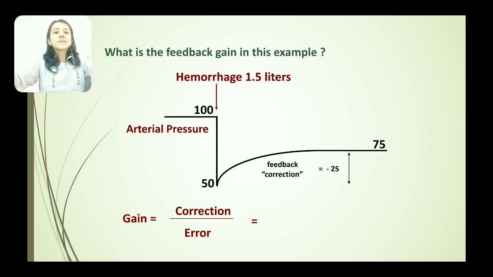So you can see here, correction by the baroreceptor mechanism is minus 25. Instead of 50, the pressure is 75. But even if the baroreceptors are working, still the error is 25. So you can say gain is equal to correction divided by error, and that is equal to minus 1.